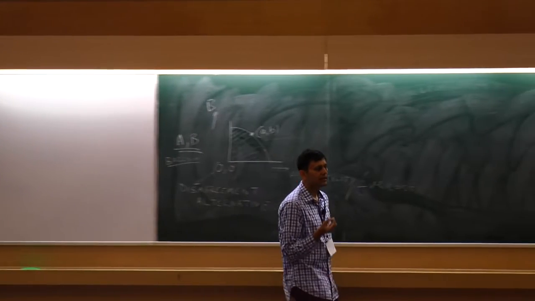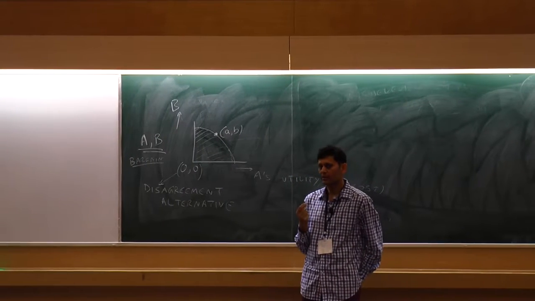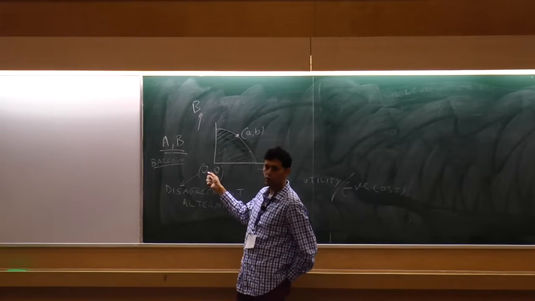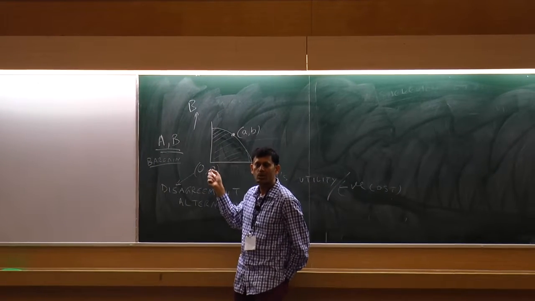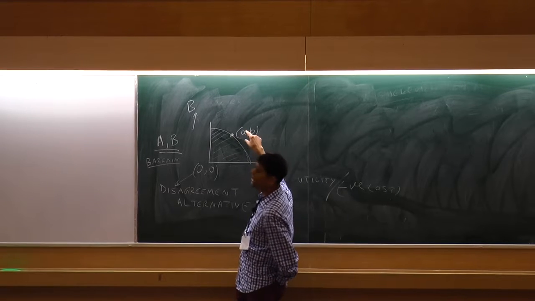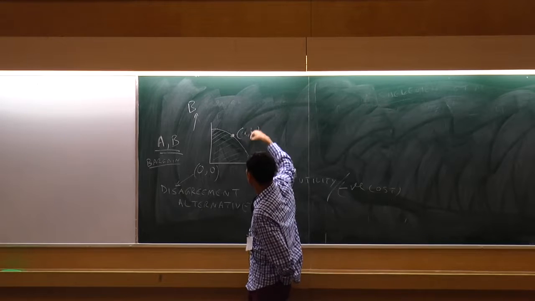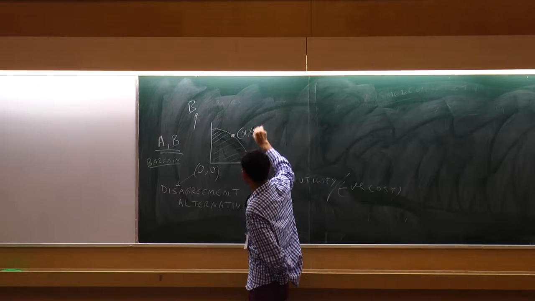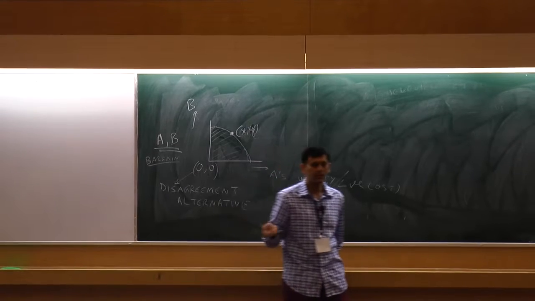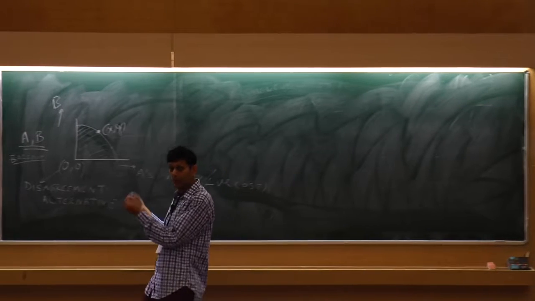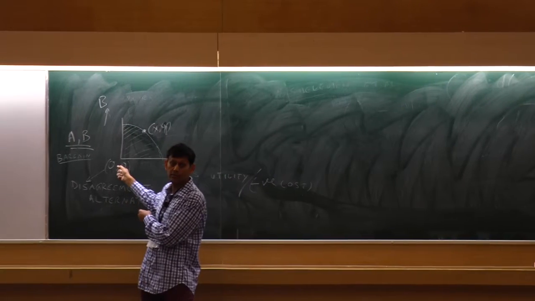The deviation here is a little bit funny, because if A deviates, then they'll go to 0, 0. Let's say the strategy space is that A says, I'm happy with the solution. Let me call it X, Y instead of A, B. A says I'm happy with X comma Y, and B says I'm happy with X comma Y. If A disagrees or does anything else, they haven't both agreed, then you immediately go to 0 comma 0.